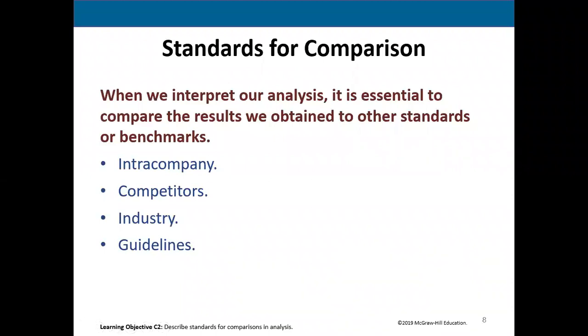When we come up with numbers in these tools we're about to look at, we have to interpret what those numbers mean. It is essential to compare the results we obtained to other standards or benchmarks. For instance, if your blood pressure comes up to be 200 over 150, in your mind you want to say, wow, you're about to have a stroke.